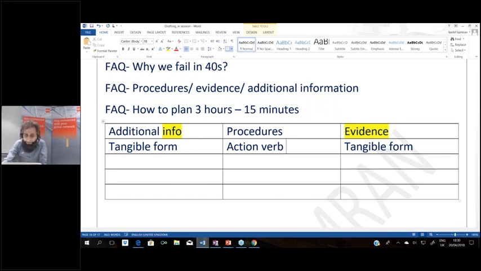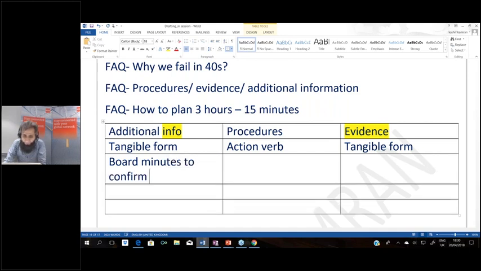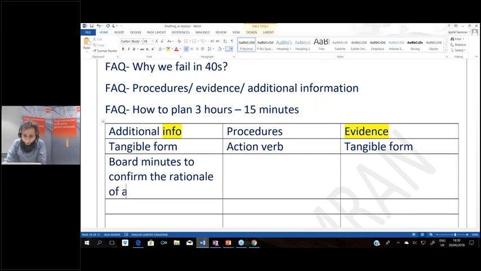Now, when I say information, I'll say board minutes to confirm the rationale of acquisition.